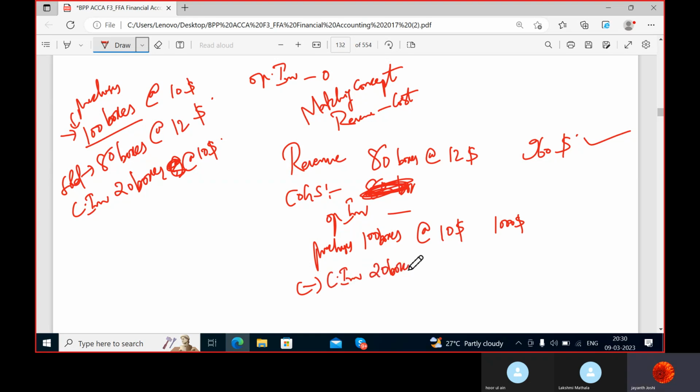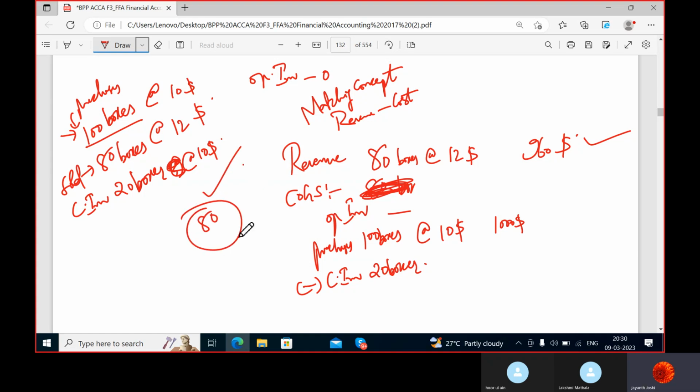Why am I subtracting these 20 boxes out of 100 boxes? Because I want to match the revenue of 80 boxes with the cost of 80 boxes, not with 100 boxes. So to get those 80 boxes, from the boxes I have purchased I am removing the boxes which I did not sell, the unsold inventory, or closing inventory. If I remove that, I will exactly get the inventory that I sold.